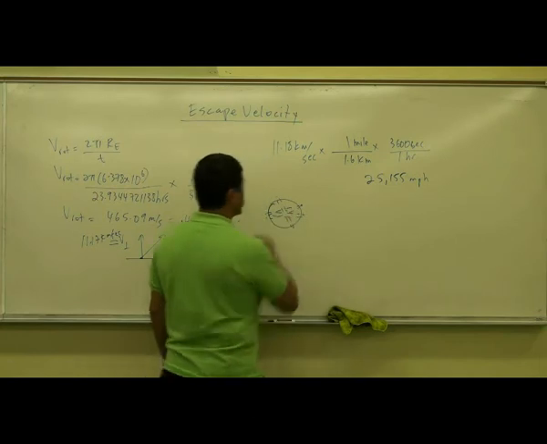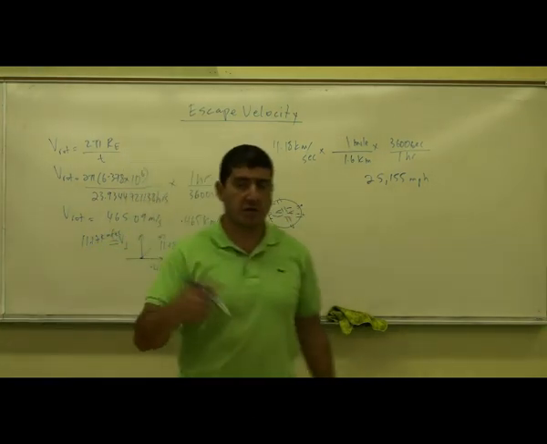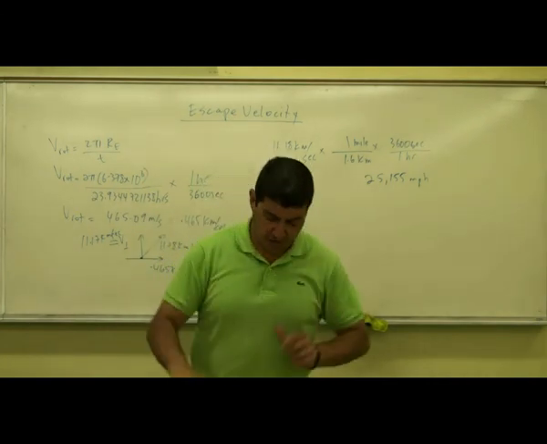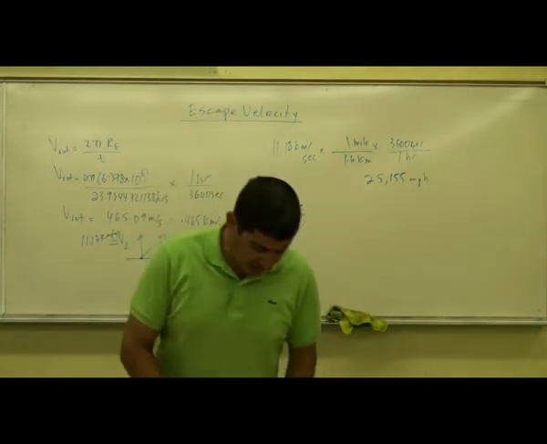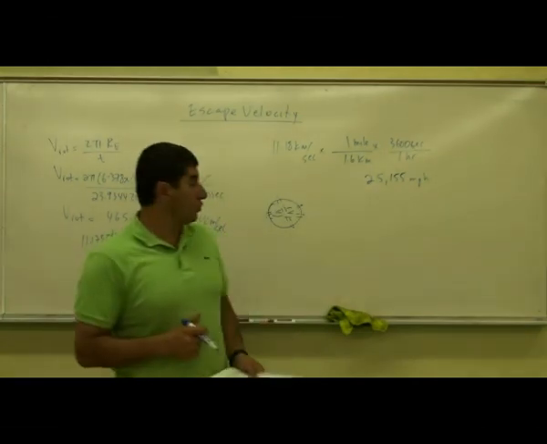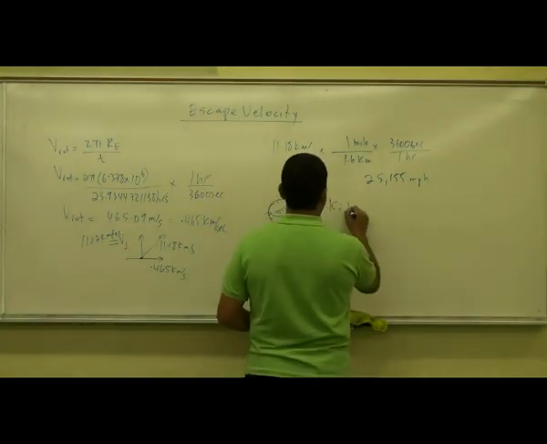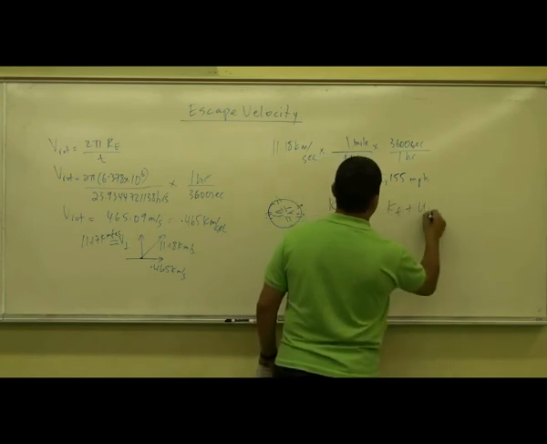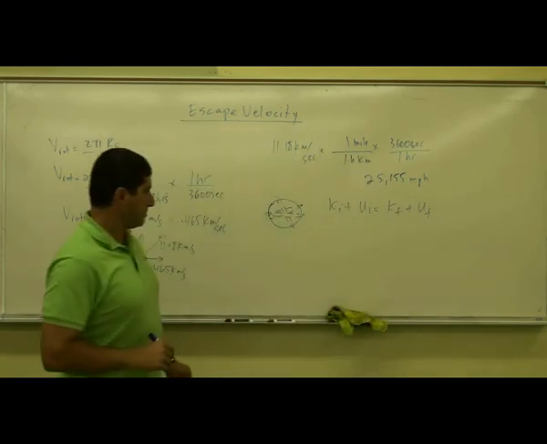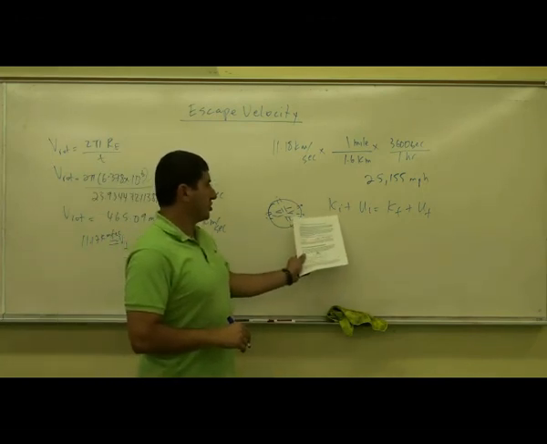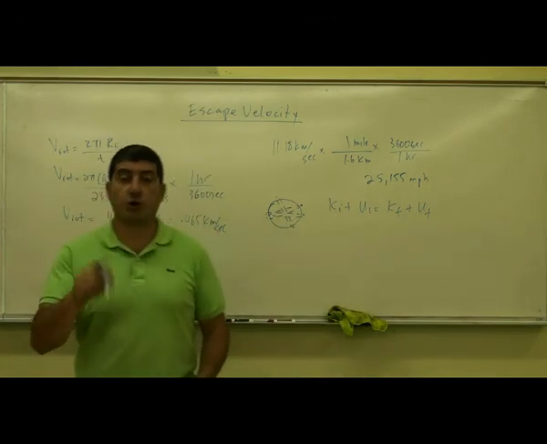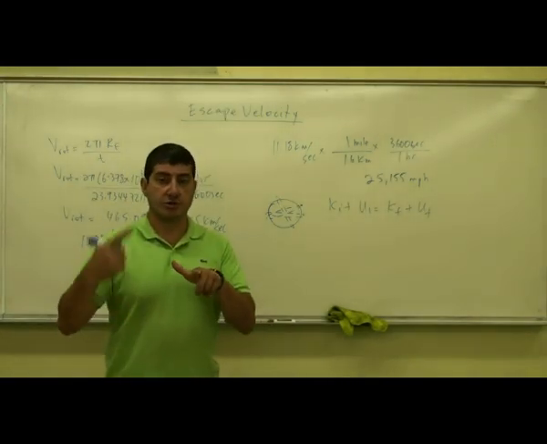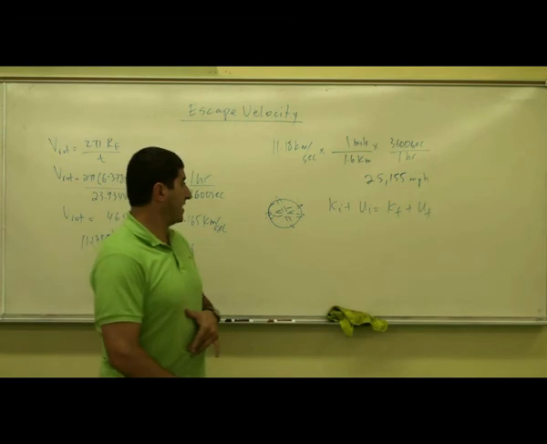So if that natural satellite is orbiting around at a velocity necessary for it to keep orbiting around the Earth, so what is its escape velocity? So now, in your energy equation, kinetic energy initial plus potential energy initial equals kinetic final plus potential final. Kinetic energy initial, it already has kinetic energy due to the fact that it is going around the Earth, okay, so it's a natural satellite.